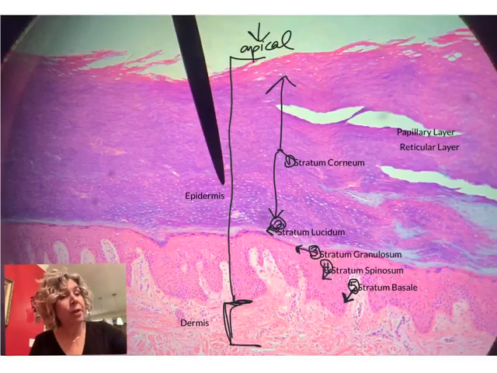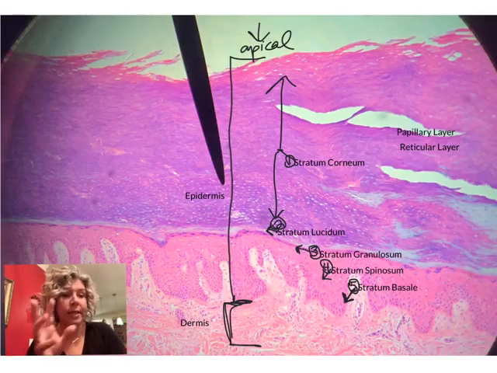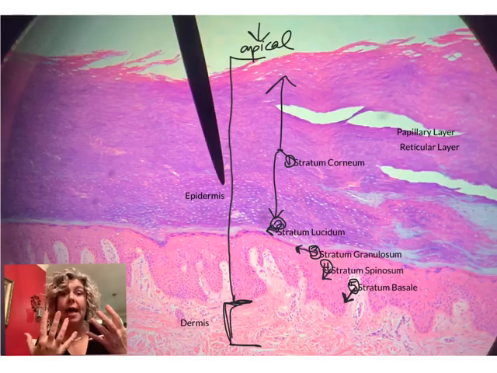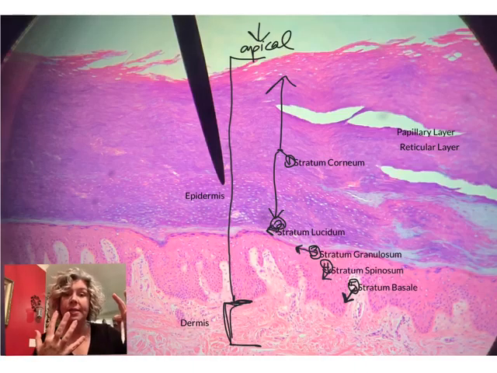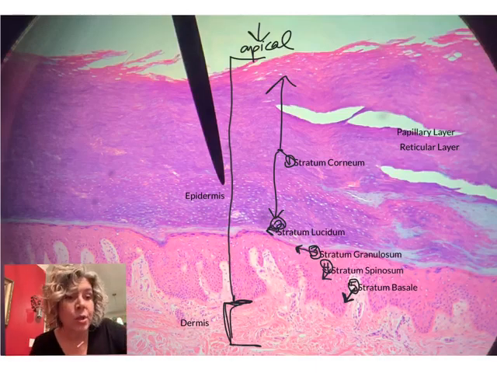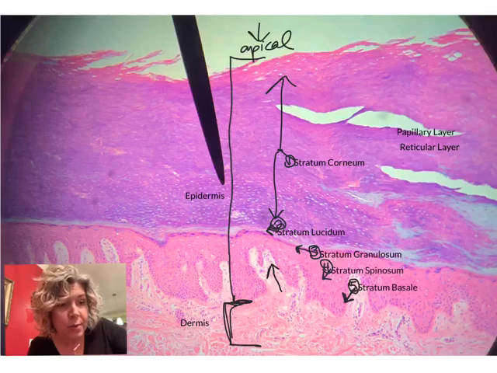Okay, now everything below that stratum basal layer where you see these lighter pink swirly colors, this is going to be the dermis. The dermis has 2 major layers to it, the papillary layer and the reticular layer. The papillary layer are these finger-like hills and valleys that you see protruding upward into the epidermis. So I'm going to draw a couple of arrows here. This region right in here, you see a projection upward. There's one right here.